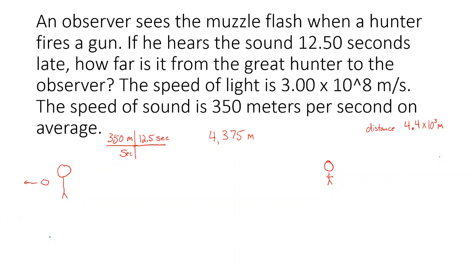Now, this is not part of the question, but I want to just kind of look at this. If it is 4,375 meters, and the speed of light is 3 times 10 to the 8th meters per second, I can use a reciprocal value in order to get the time that the light would take to get to the observer.